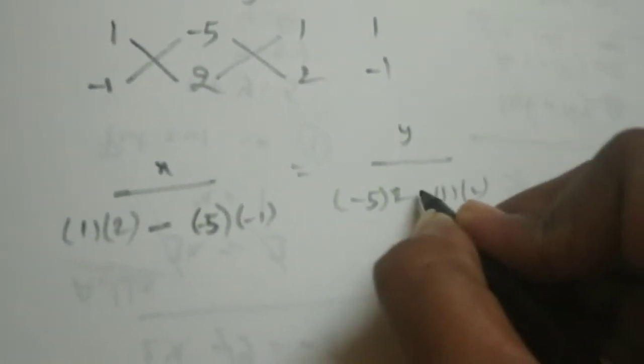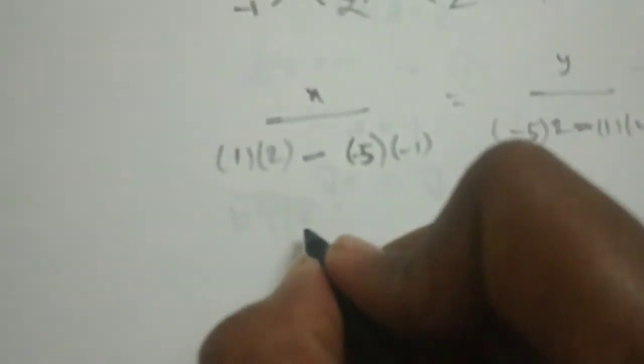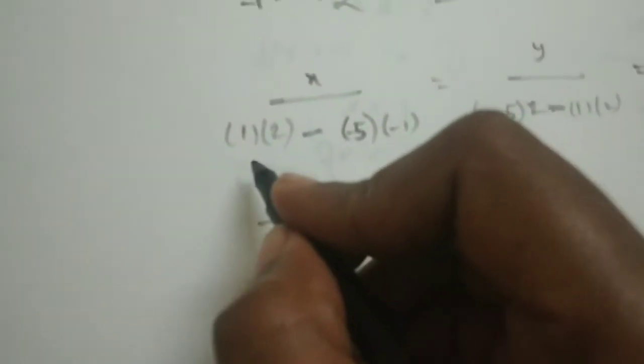Between those two products I should take minus. Equal to the constant term: 1 into minus 1, and here 1 into 2. Between those two, what should I take? Minus value.